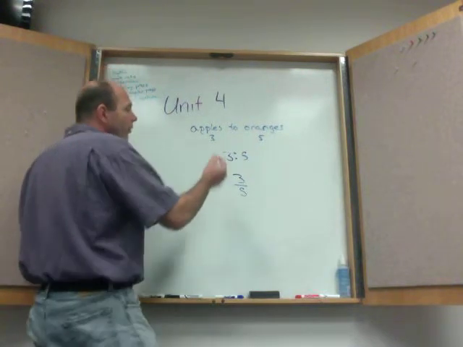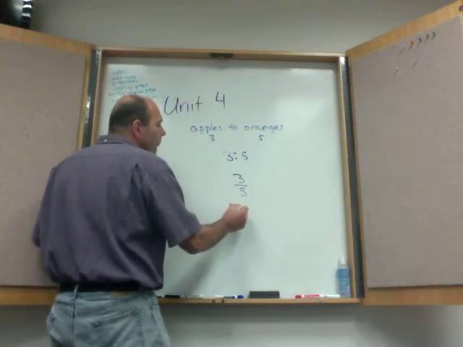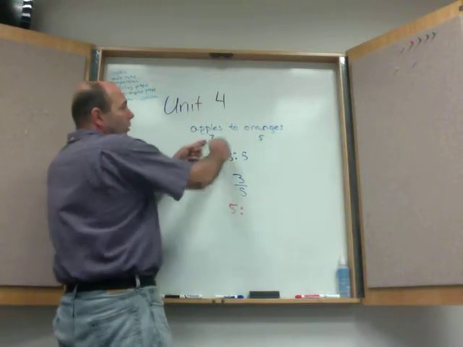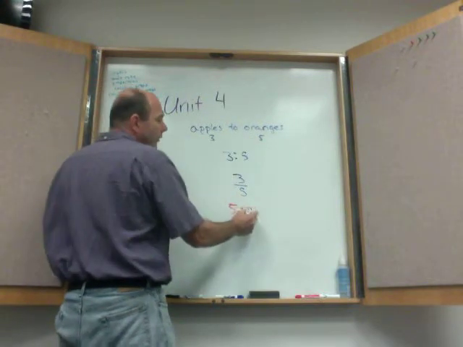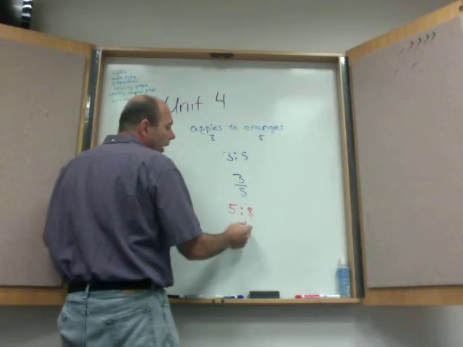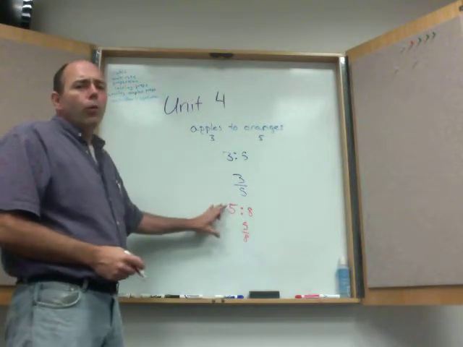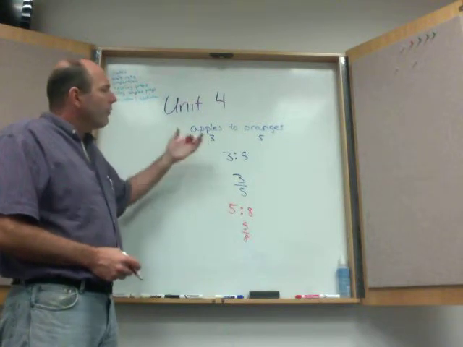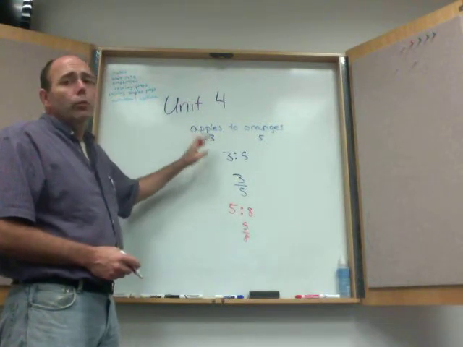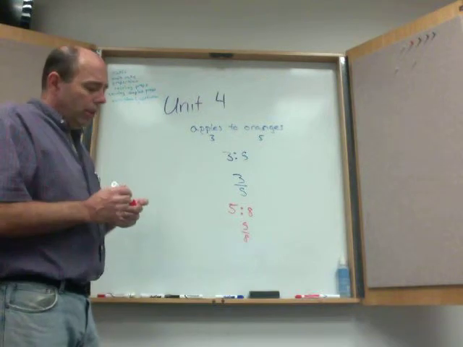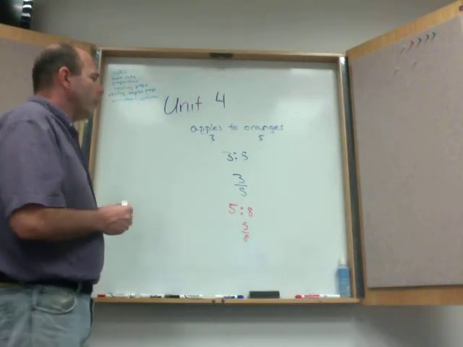There's 5 oranges. How much fruit is there? 3 and 5, there's 8. So 5 to 8, or I can write it as 5/8. Like I said, we won't be that concerned with part to whole here. For the medical profession, we look at part to part an awful lot. So that's what a ratio is.